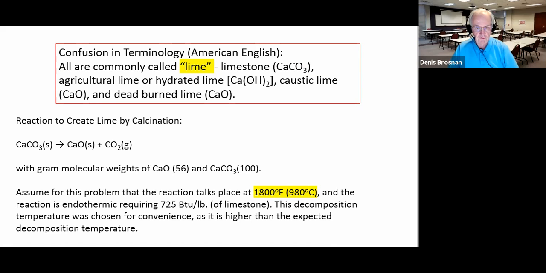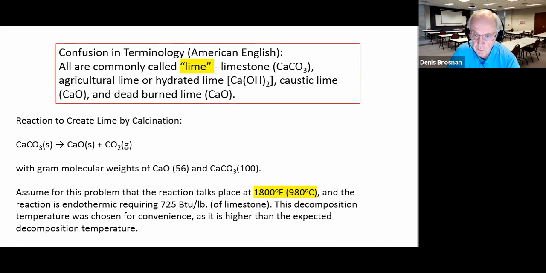So also it's useful to say that in North America, and using American English, which many of you might think of as not proper English whatsoever, that's your business, but nevertheless, we use the word lime in a generic sense. We can refer to lime as limestone, which is calcium carbonate, usually in the form of calcite, the crystalline form, except for seashells.